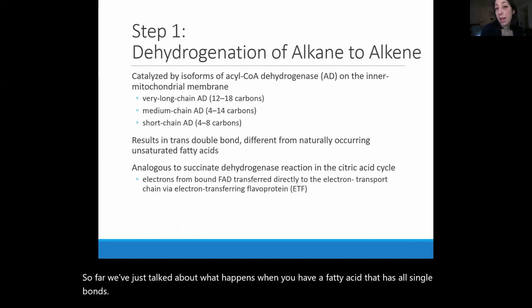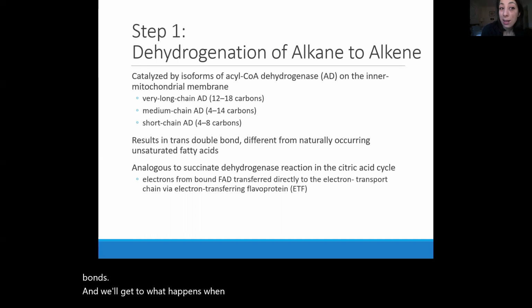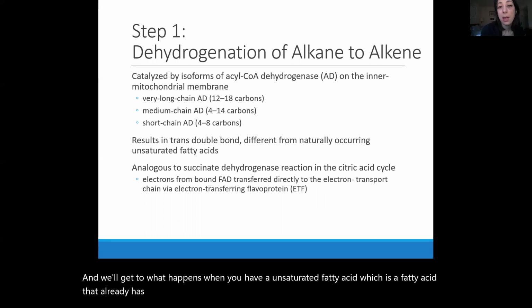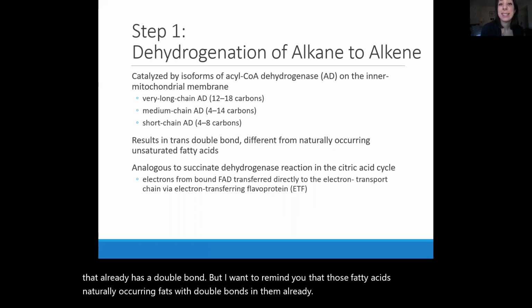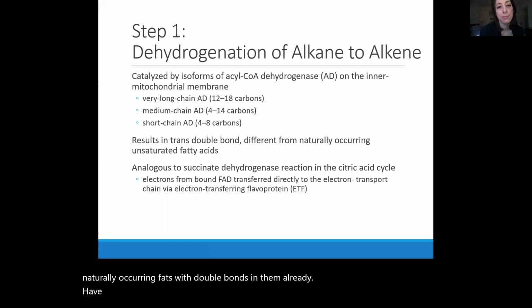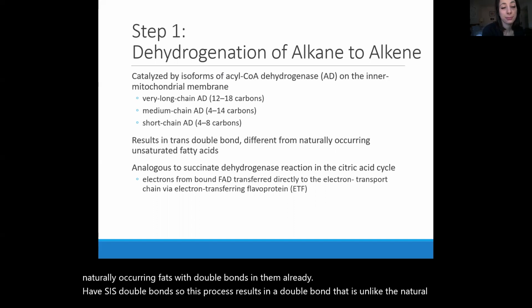And we'll get to what happens when you have an unsaturated fatty acid, which already has a double bond. But I want to remind you that those naturally occurring fats with double bonds in them already have cis double bonds. So this process results in a double bond that is unlike the naturally occurring double bond.